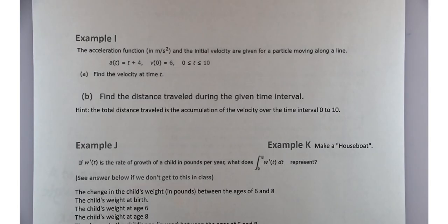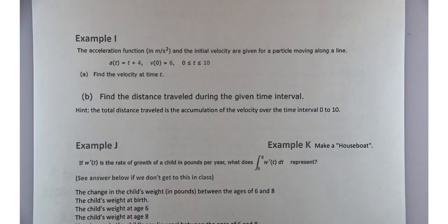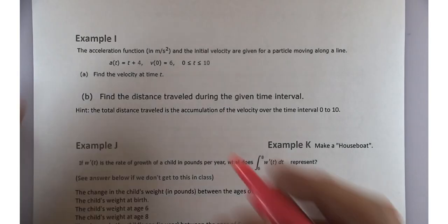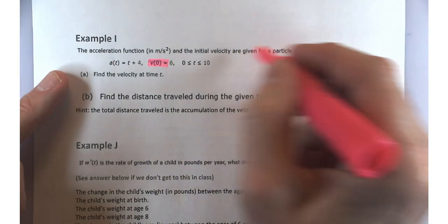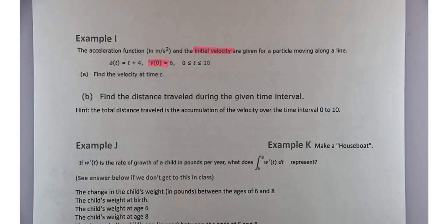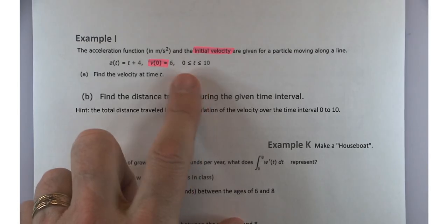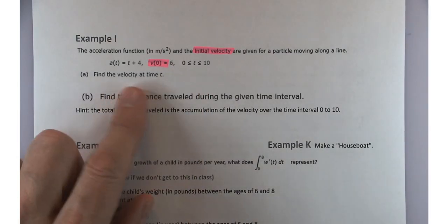The initial velocity is 6. That's how fast it's moving at the start of this experiment. That's your initial velocity. So this function is for between times of 0 to 10. Find the velocity at time t.